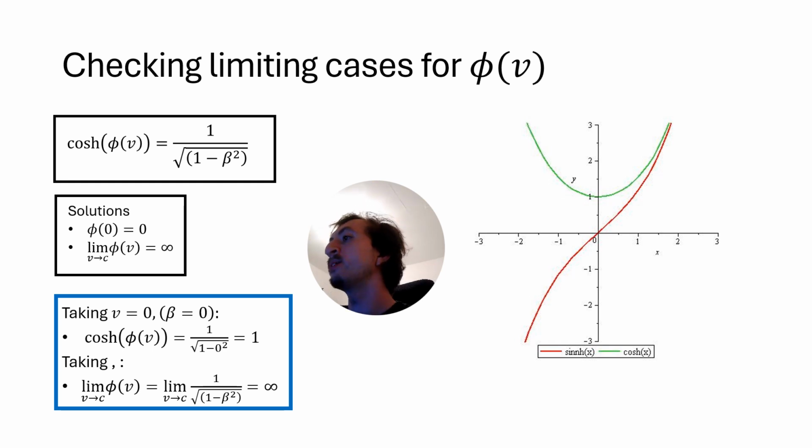And you can do a similar thing with the other condition, just using the fact that, as this graph implies, cosh diverges to infinity as the input, so as phi goes to infinity.